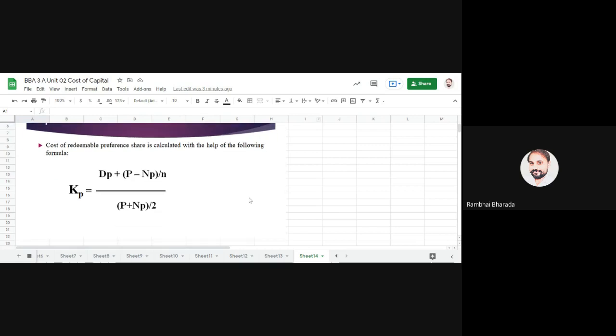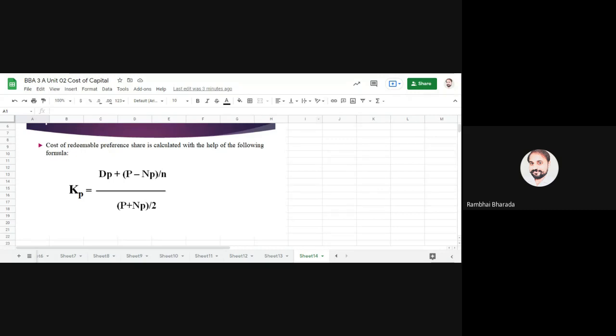Now see the formula. Your formula is somewhat more complicated as compared to the previous formulas, but try to remember. KP, cost of preference capital, is equal to DP remains same, dividend on preference shares, plus now see here P. If you want to clearly write, you can write RP, redeemable price.